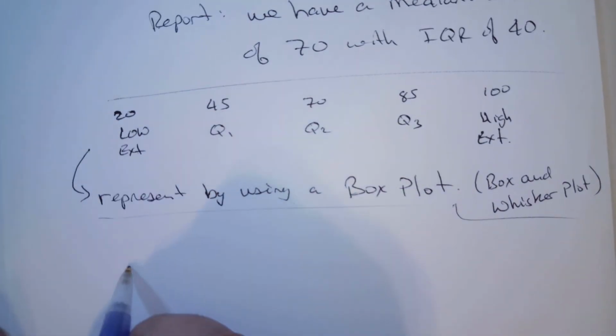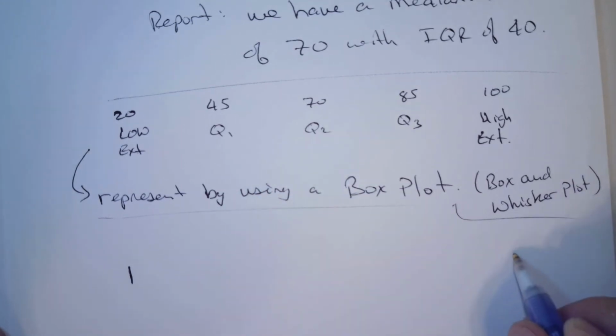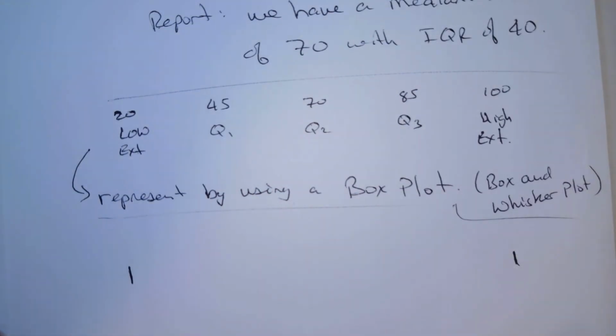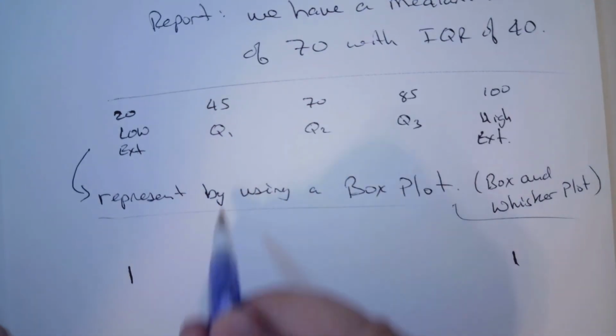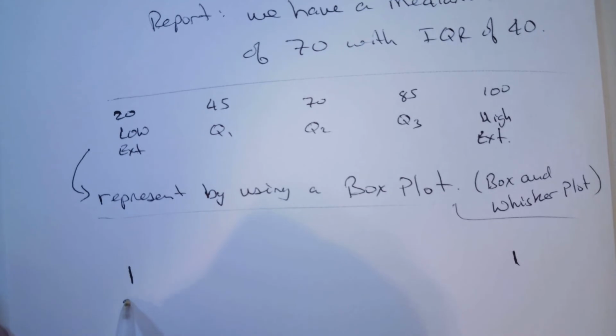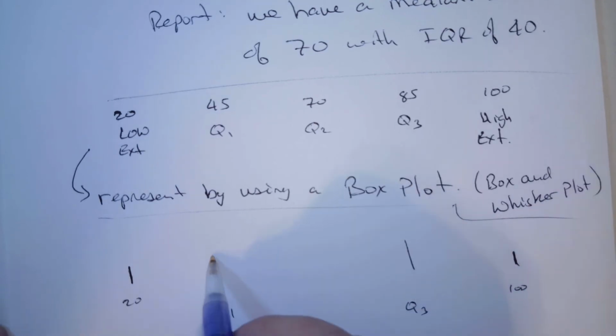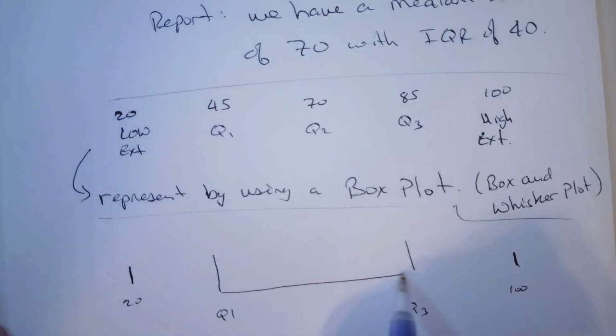The low extremes are represented by vertical lines, or you can put dots. So this is at 20, this is at 100. Q1 and Q3 define the box.